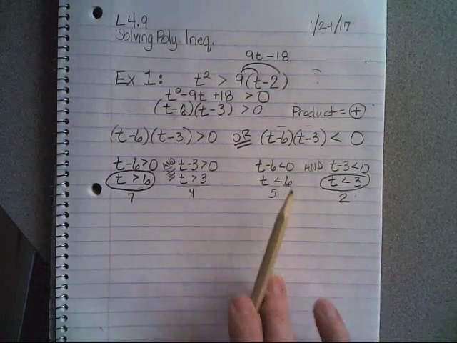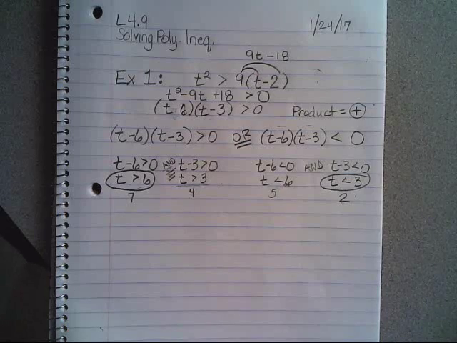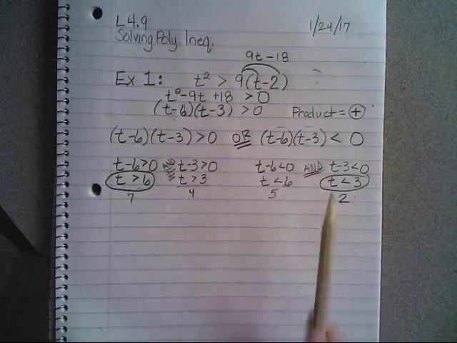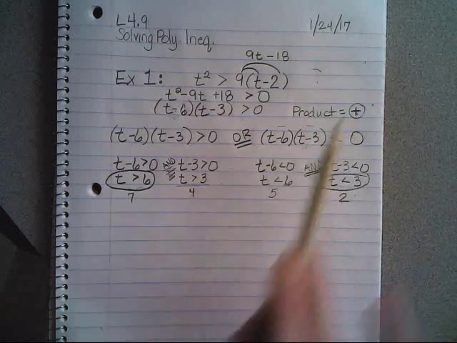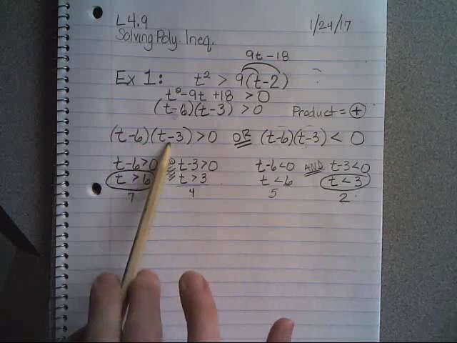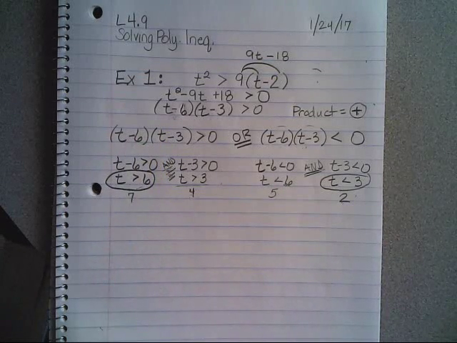Again, this is where you need to think: what will satisfy both? Since both must be negative to create a positive product, or both must be positive to create a positive product. Now, what does that mean?